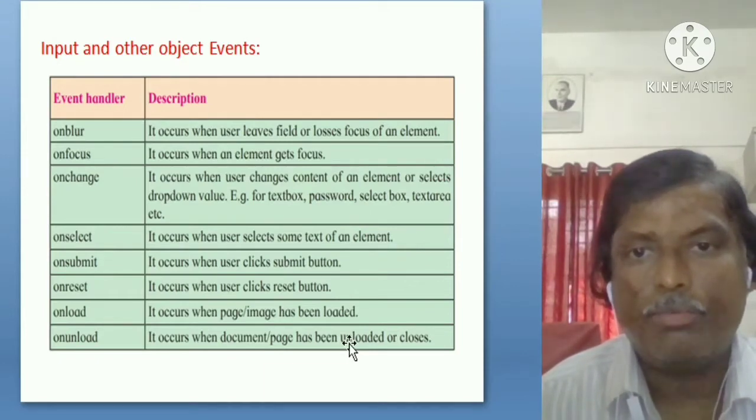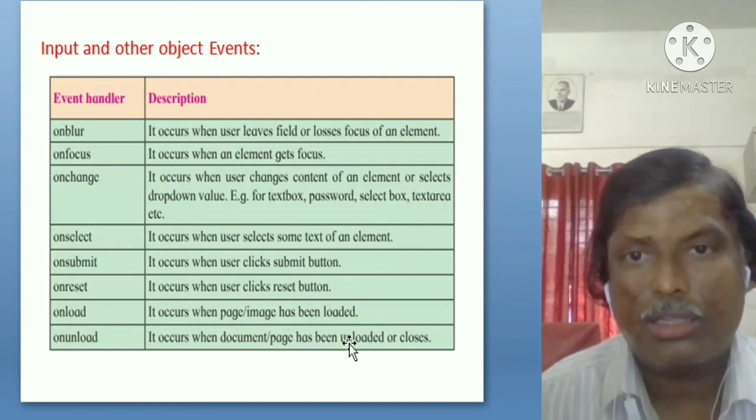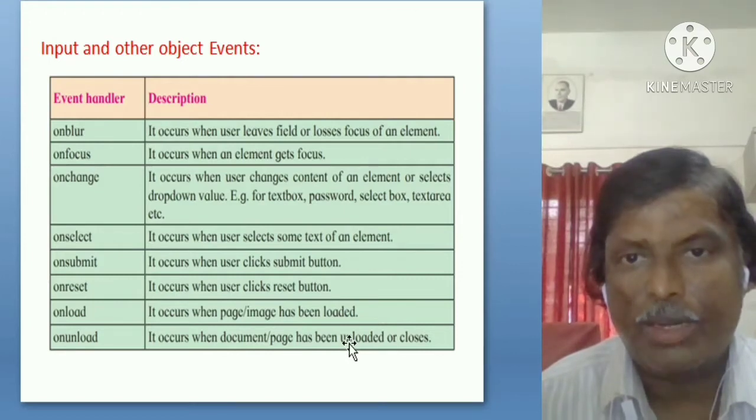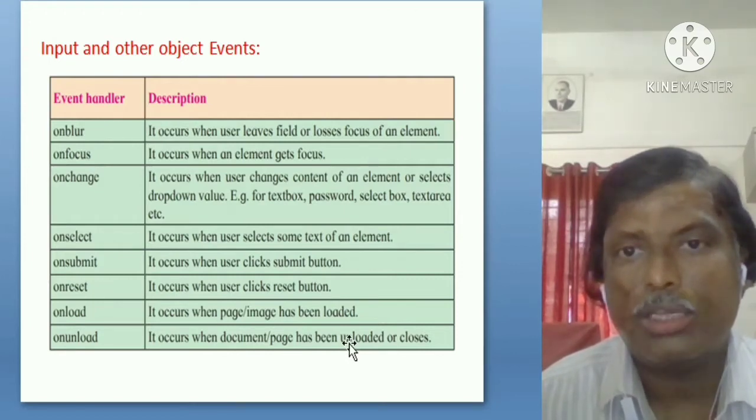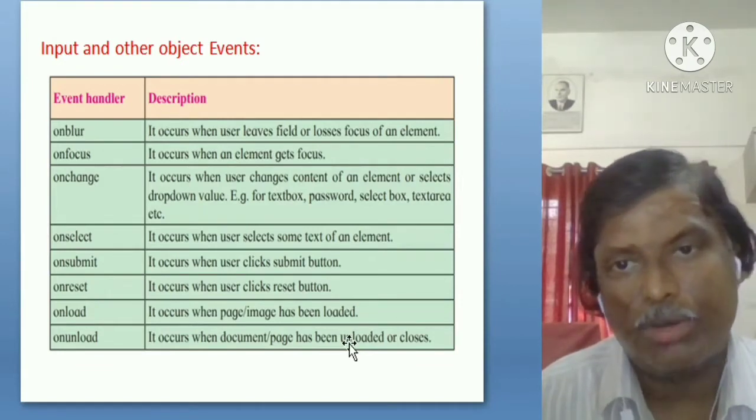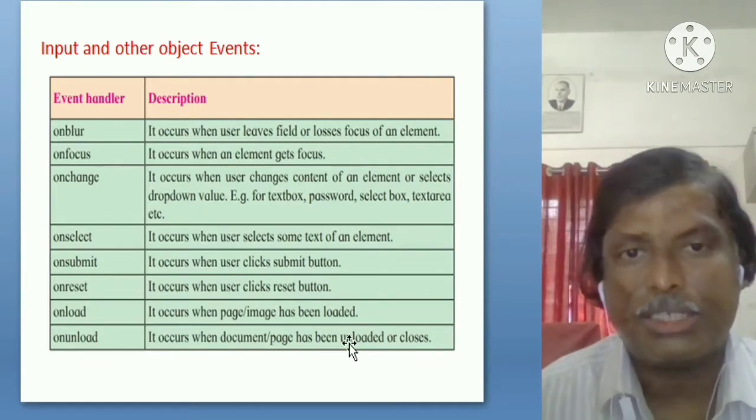After that, the next one is onReset. It occurs when user clicks the reset button. As I told you earlier, when we fill all the information into the form, it contains two types of button, one is submit and one is reset. So the next event handler is onReset.